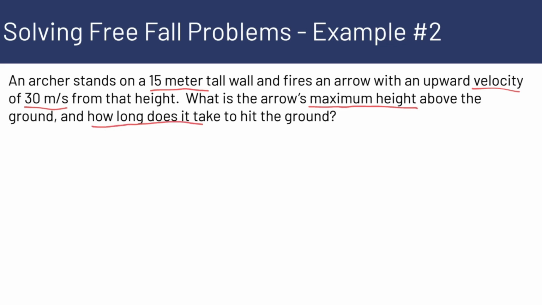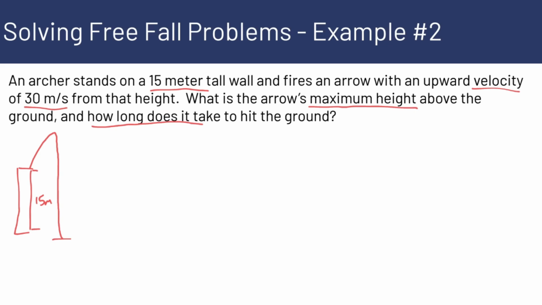All right, so let's draw a little diagram here. So we've got a wall that is 30 meters high, or excuse me, 15 meters high. The arrow shoots up, and then it comes back down and hits the ground somewhere here. Okay, so we can solve this several different ways, and I'm going to show you different ways to solve it.